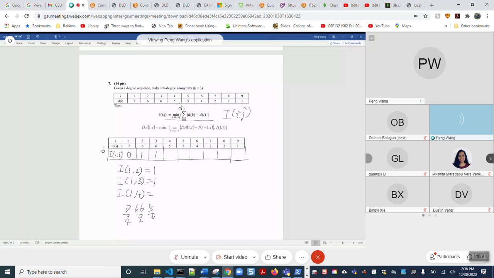And if all 5, the cost will be 4. We select the minimum one, so we make all of them 6, and the cost will be 2. In the same way, we can calculate all the rest in this table.